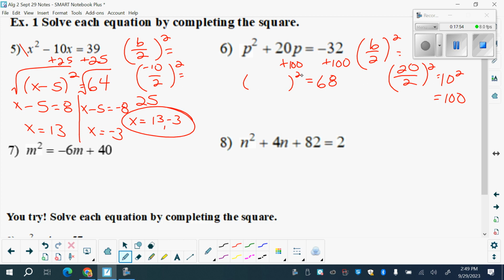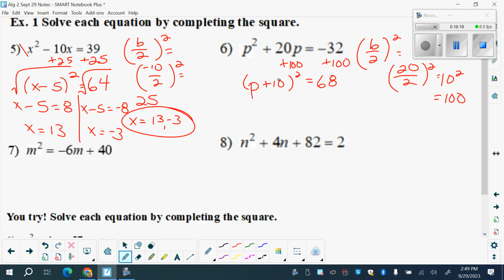What's squared? Questions on where we got the p plus 10? Okay, so questions?